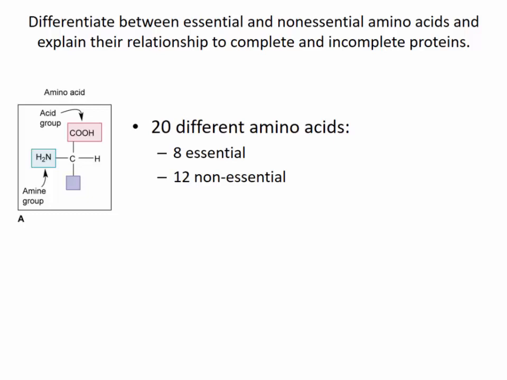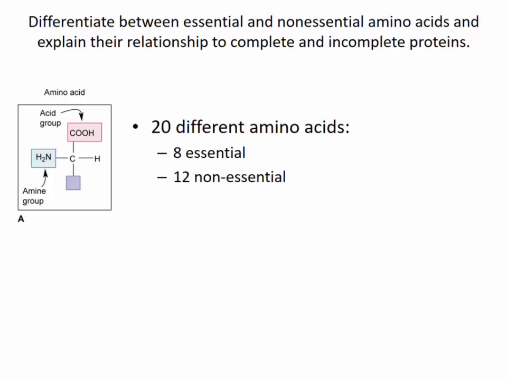The 8 essential amino acids are amino acids that we need to get in our diet. It is essential that we take them in through our diet. When we digest protein, we break the protein down into the individual amino acids. Those amino acids cross into our blood, travel around to our body, and go to our cells so that they can build up our own proteins. Coming into the blood, the first stop is actually the liver.